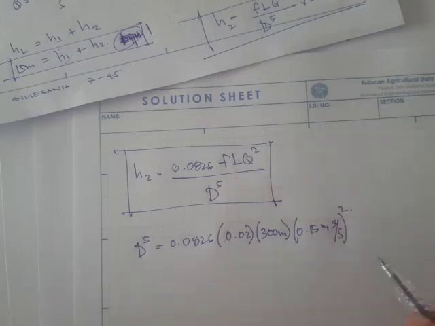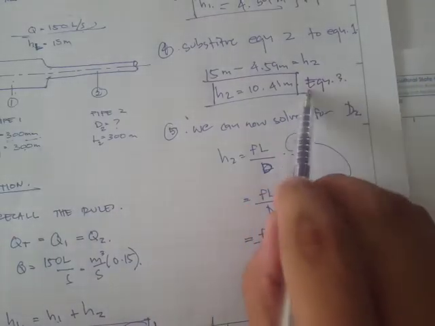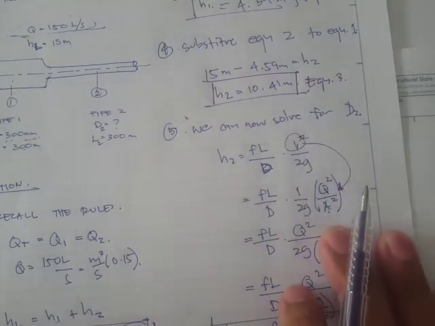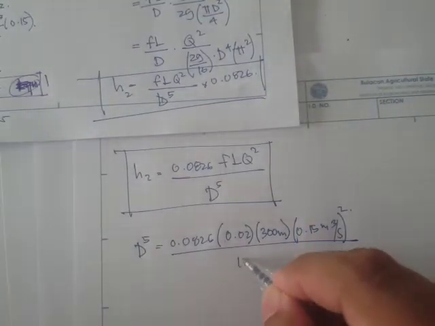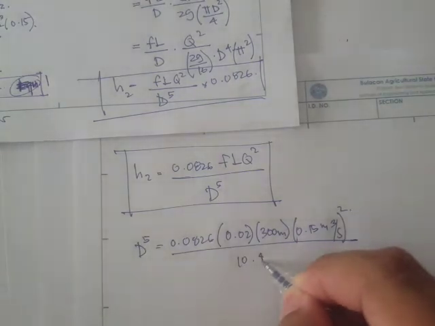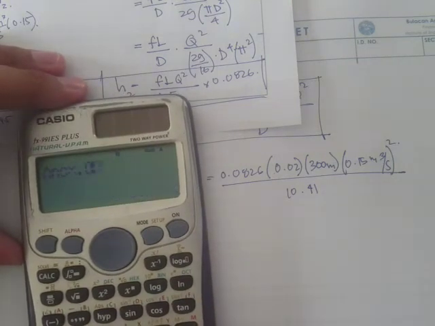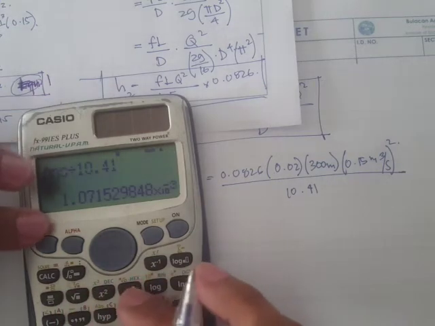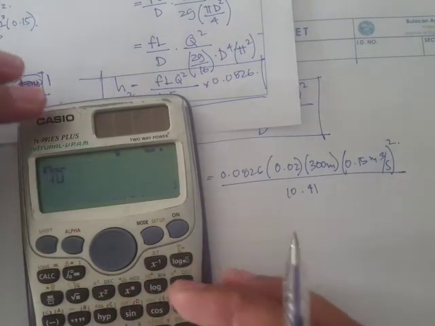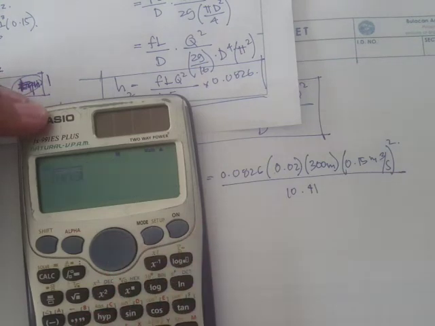This one squared, right, divided by the head loss at pipe number 2, which is 10.41. Okay, so now let's compute 0.0826 times 0.02 times 300 times 0.15 squared divided by 10.41, and we have to take the fifth root of the answer.